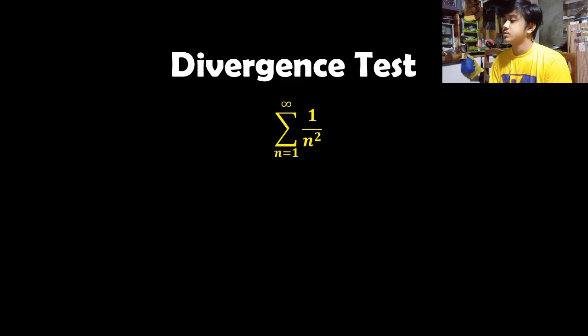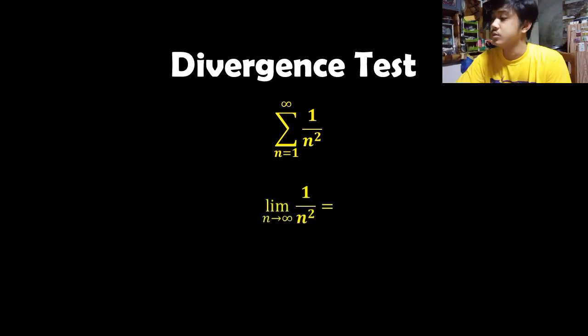We have the series 1 over n squared, and then we take the limit. So what is 1 over n squared? First we substitute infinity for n. What happens when the denominator gets bigger? As n becomes larger in the denominator, it approaches 0.